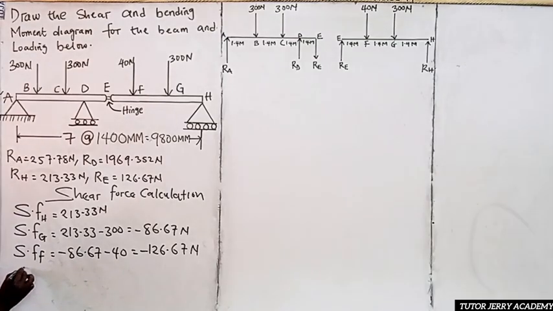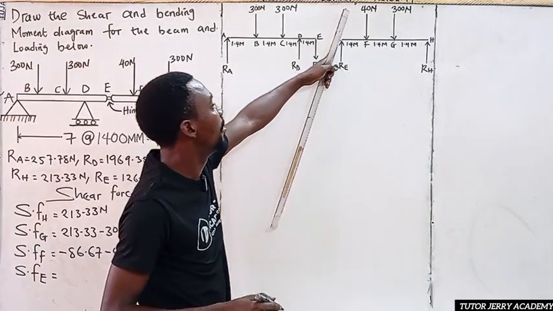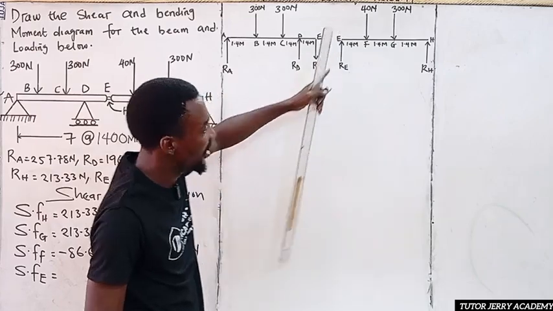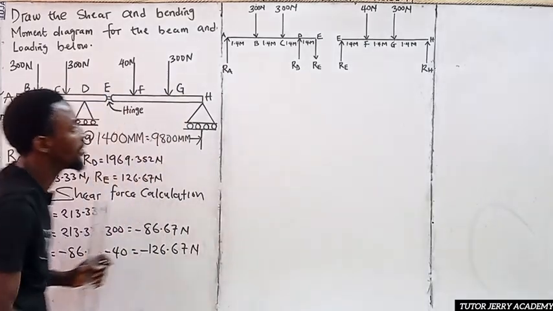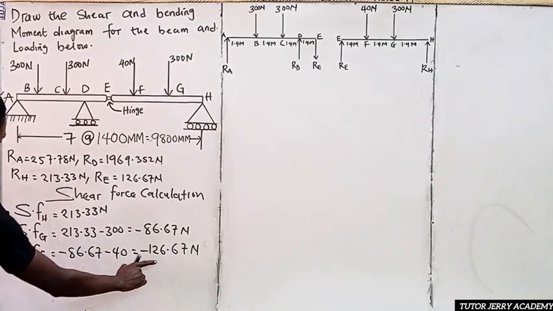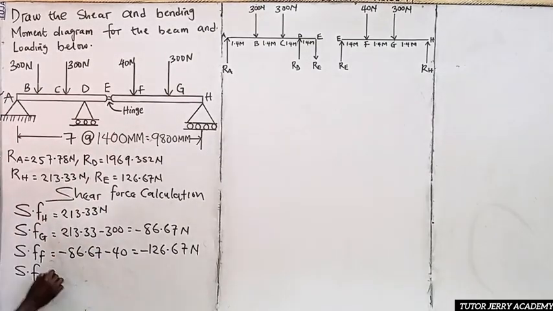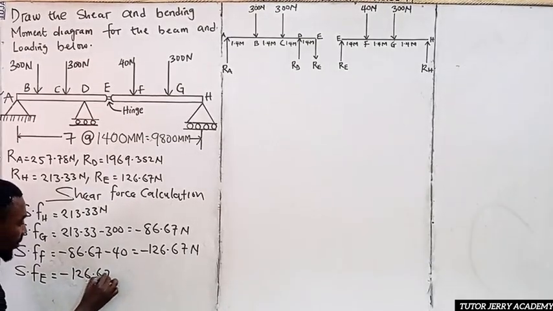All right. So the shear force at point E now. If you stand at point E and you want to take your shear force here, since we know our shear force at F is nothing but minus 126.67. All right.